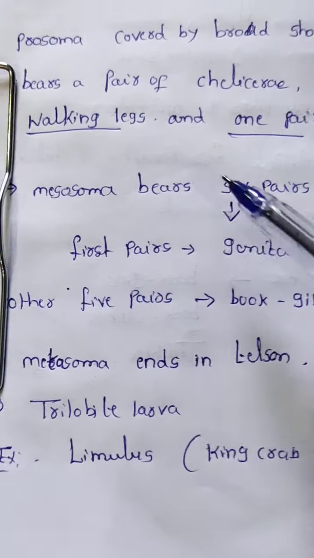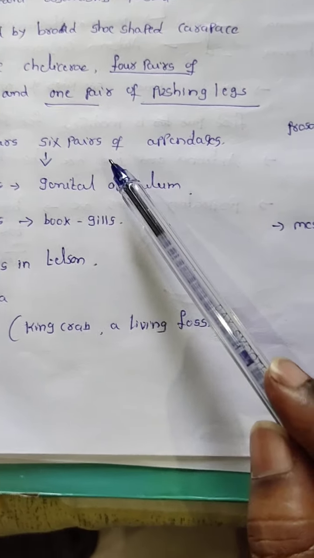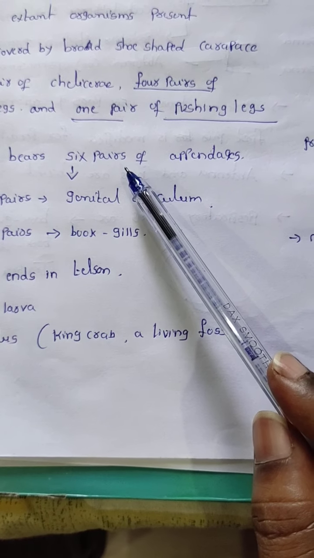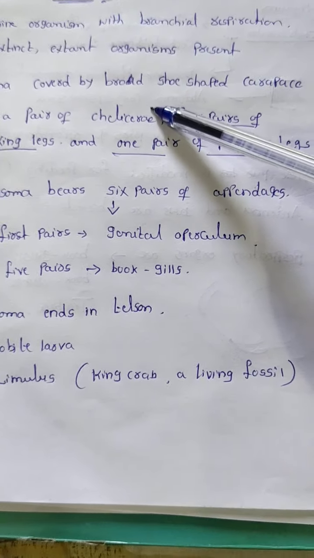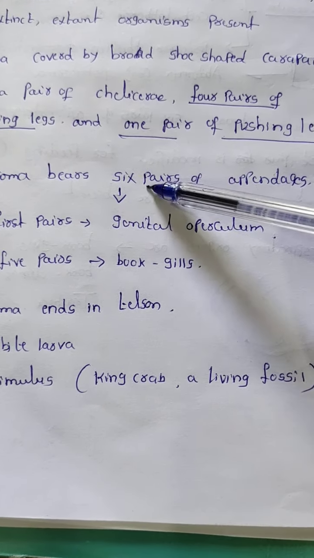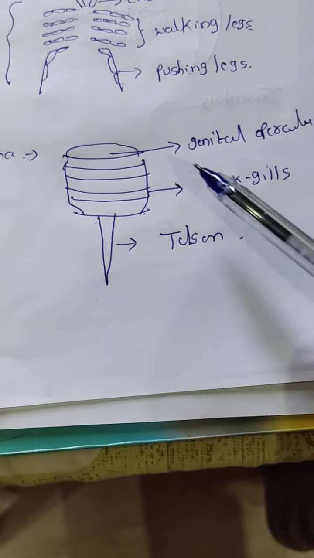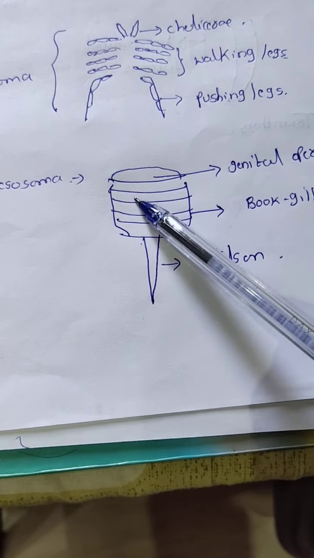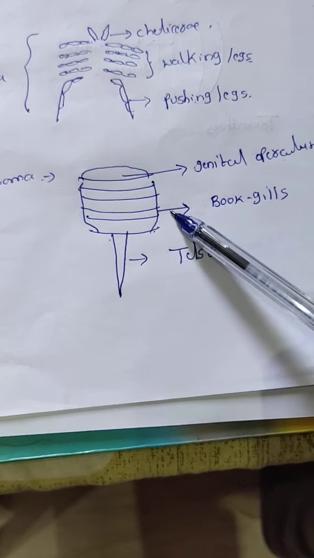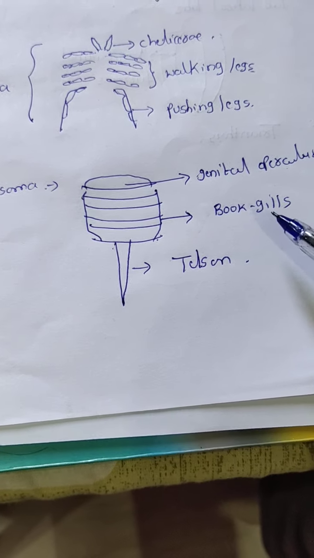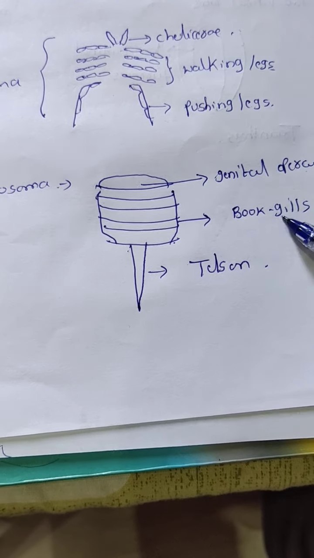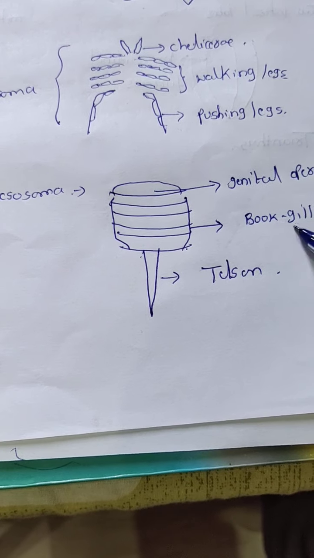Mesosoma bears how many pairs of appendages? 6 pairs of appendages. Out of 6, the first pair has the genital operculum. The next 5 pairs all fuse. They form what? Book gills. It is useful for respiration.